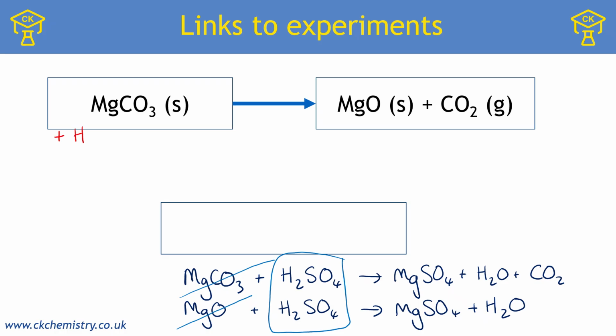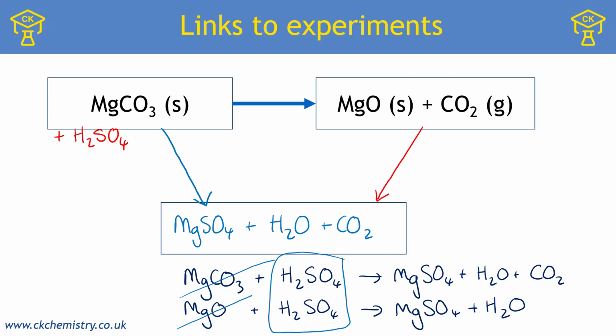So if I added H2SO4 to magnesium carbonate, arrow goes down, reactants to products. The products are MgSO4, H2O, and CO2. If I add H2SO4 to this side, to the magnesium oxide, I'll make the same products, magnesium sulfate and H2O.